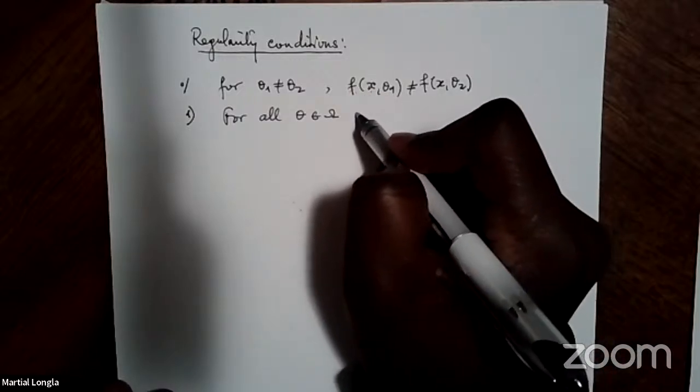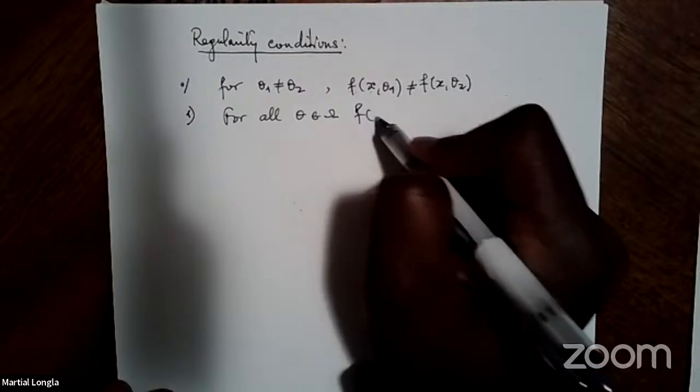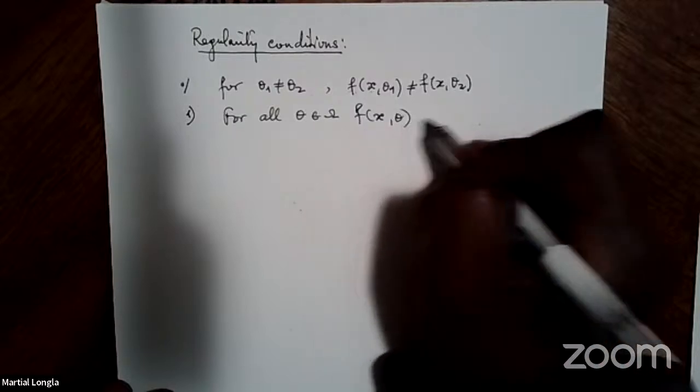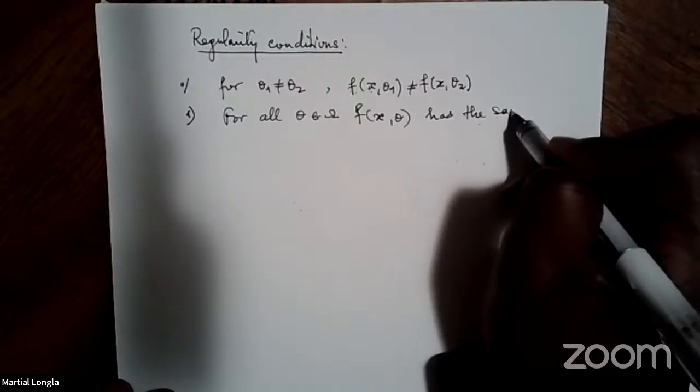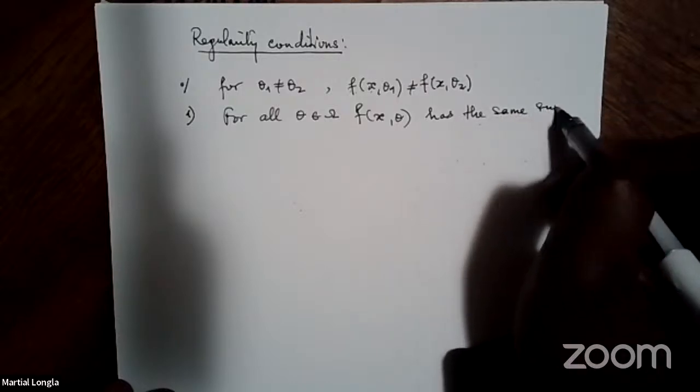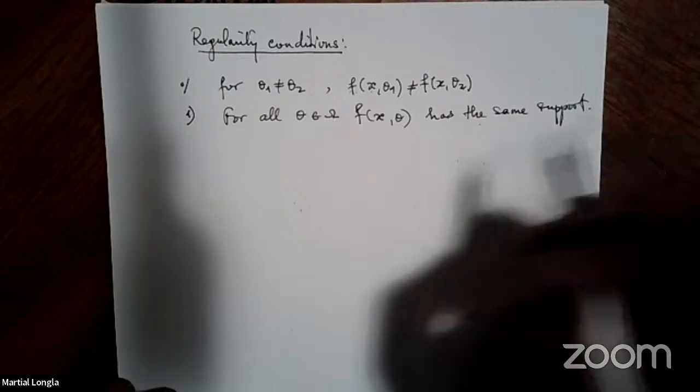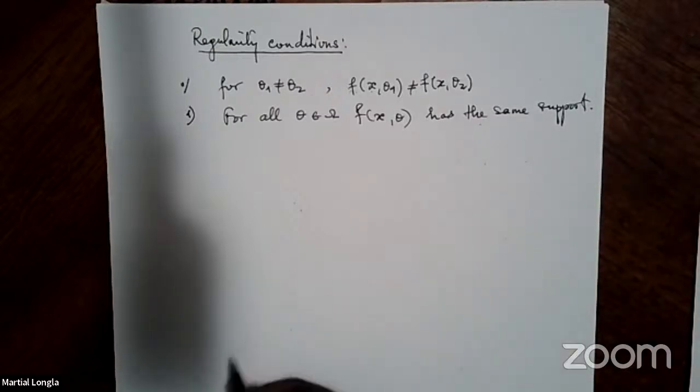this f of x theta has the same support. Support meaning what? The set of all points x for which the density is not equal to 0.